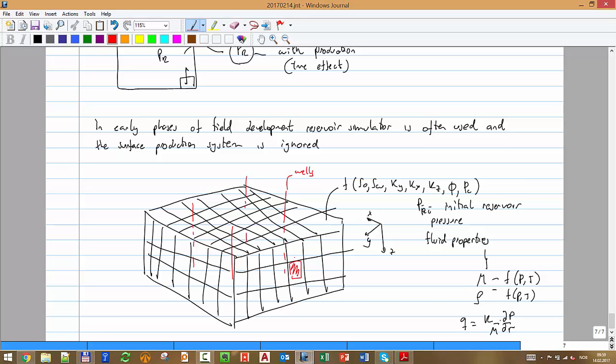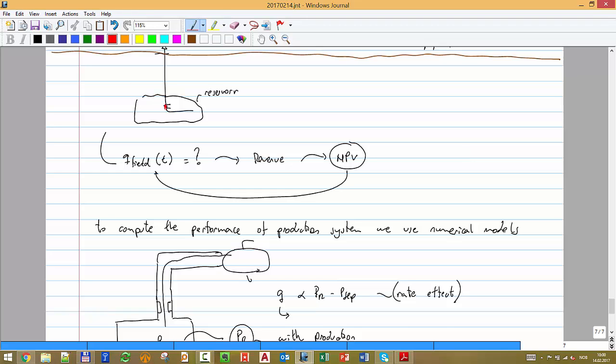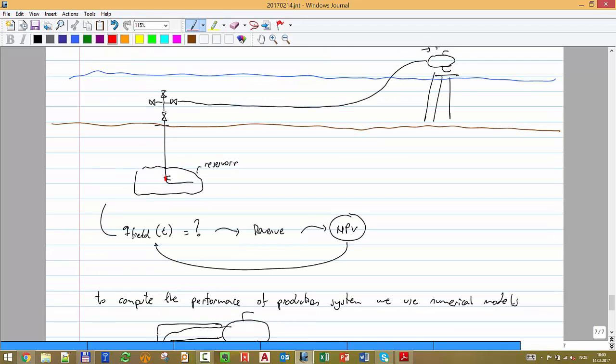I think we have discussed that before, but we provide two things. One of them is the well rate, which we call the target rate. That's the rate that I want to produce if possible. And next to that, I always provide the PWF min, the minimum flowing bottom hole pressure. Remember, now we are standing here, at the interface.